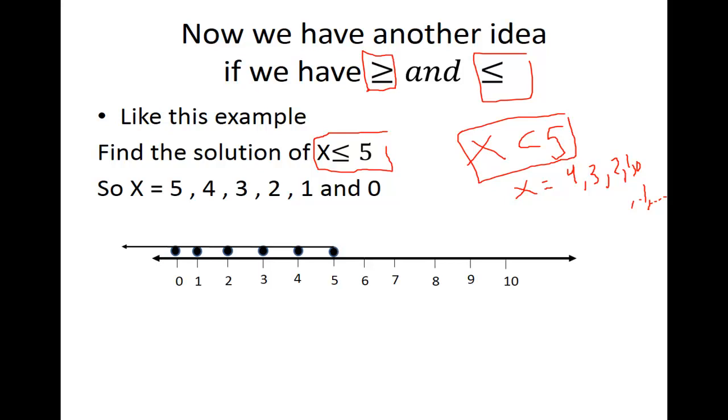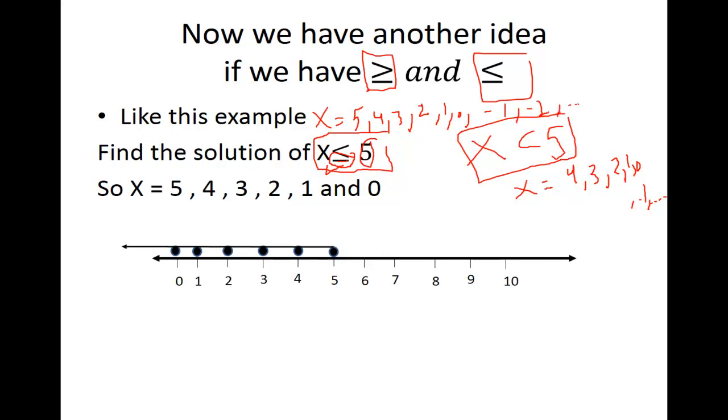But here we have the equal sign, which means we have to take that number too. x will equal 4, 3, 2, 1, yes, but also you have to take the 5, because we have the equal sign. So 5, 4, 3, 2, 1, 0, negative 1, negative 2, and so on.